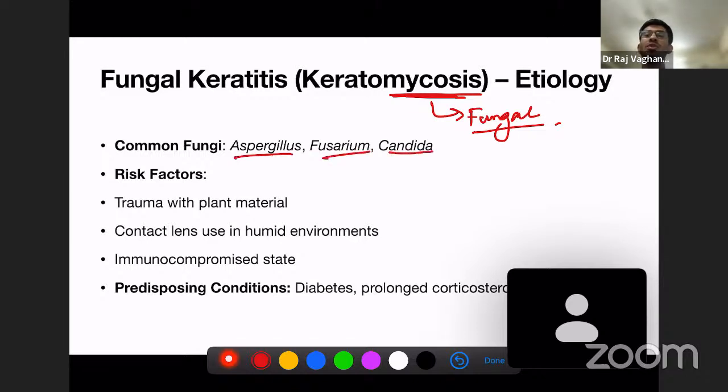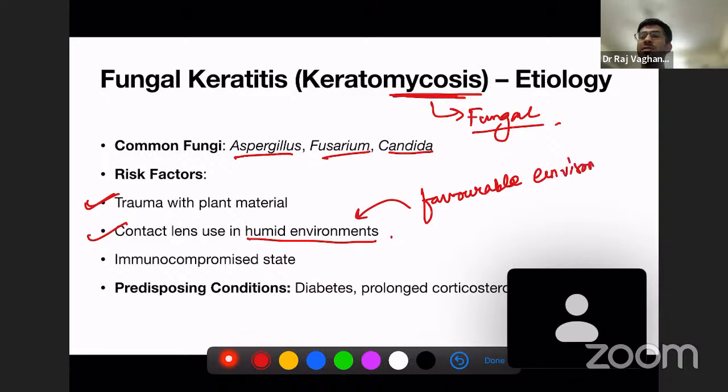Risk factors include trauma with plant material, because fungus is most commonly found in plants. Another is contact lens use in humid environments, because it is a favorable environment for fungus to grow.